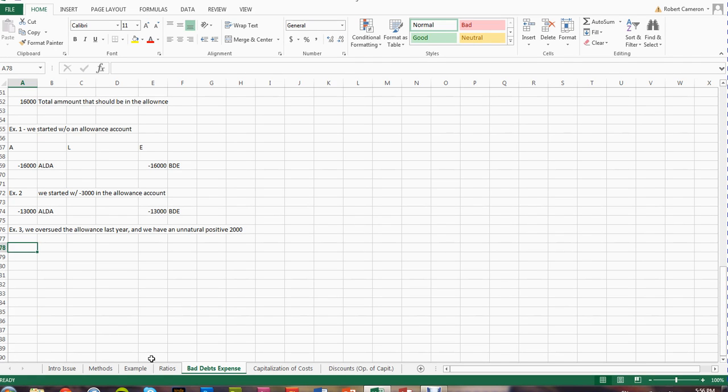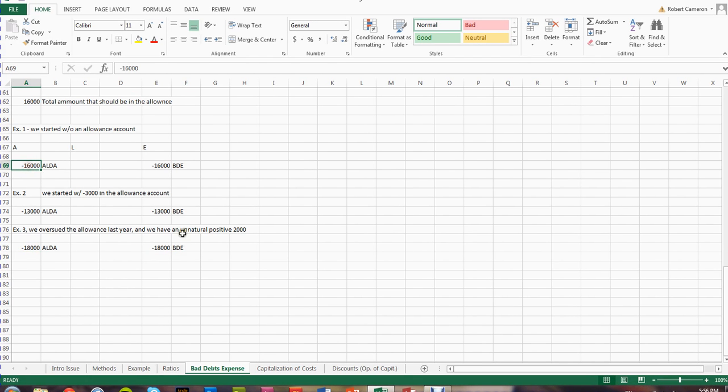Well, the allowance needs to be 16,000. We did that math up here. In this case, if it needs to be 16,000 and we have an unnatural positive, then we're actually going to have 18,000 in the allowance for doubtful accounts and the bad debts expense. The 16,000 we need, and we need to chip away the 2,000 unnatural positive. 16 plus 2 is 18,000. So that's the third option you could run into.